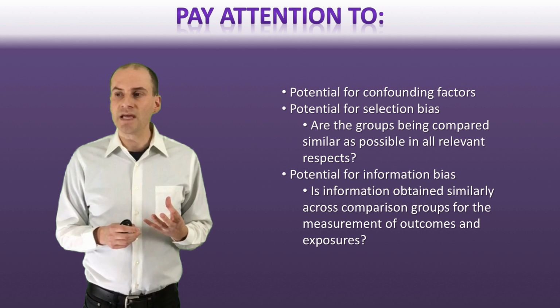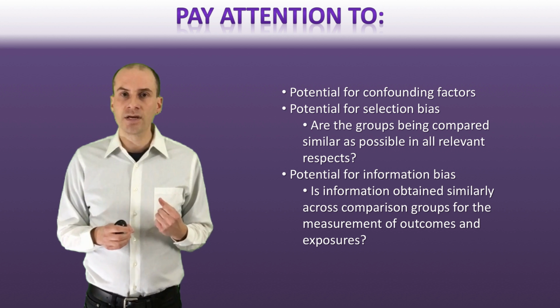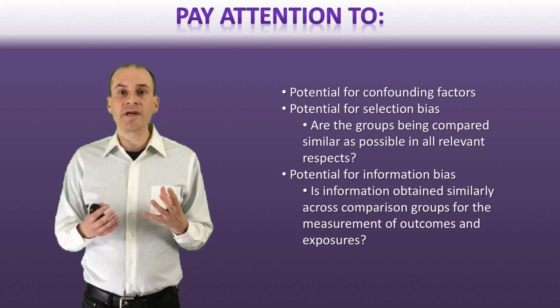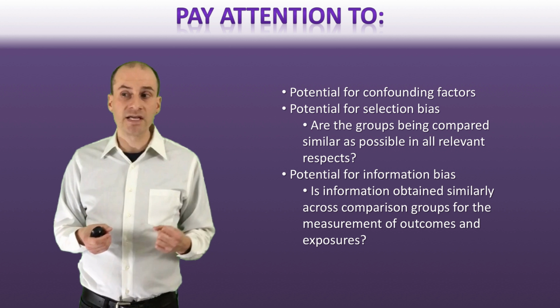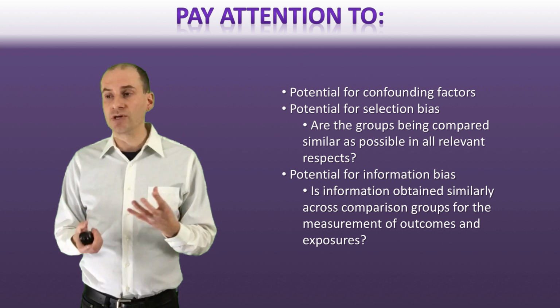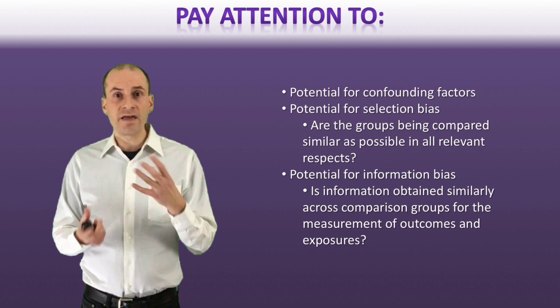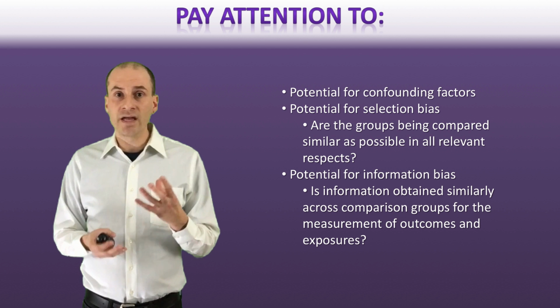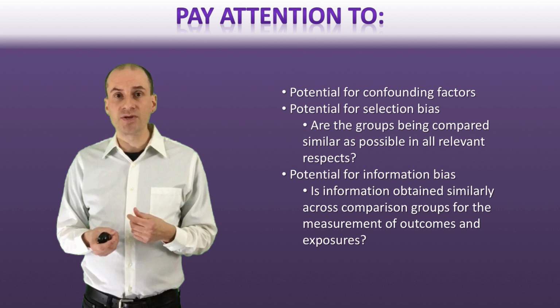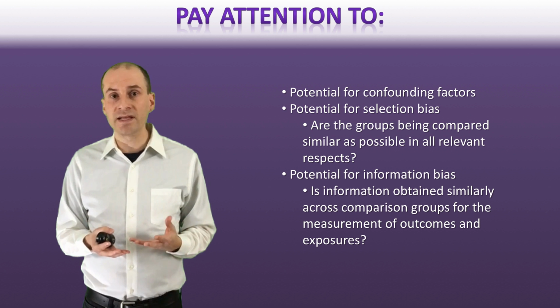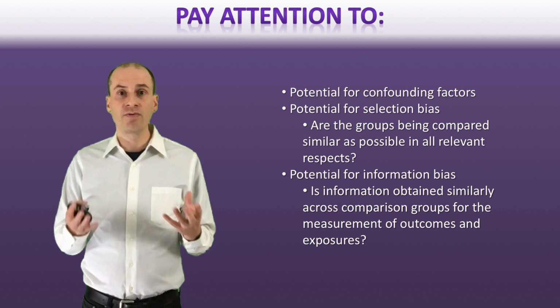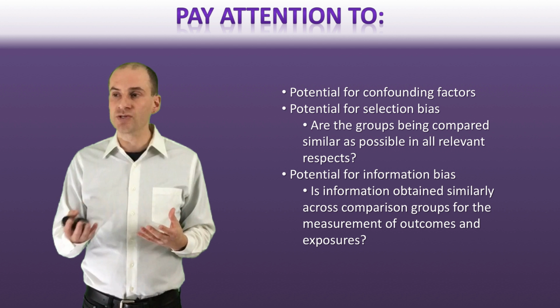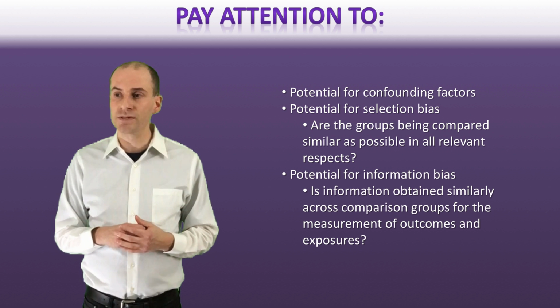So this means essentially that you want to make sure that the groups being compared, especially in case control studies, are as similar as possible, because if those two groups are different, and importantly different, well, then effects that you see or relationships that you see might not actually be related to the actual cause. It might be related to some other factor that's associated with those two different groups.